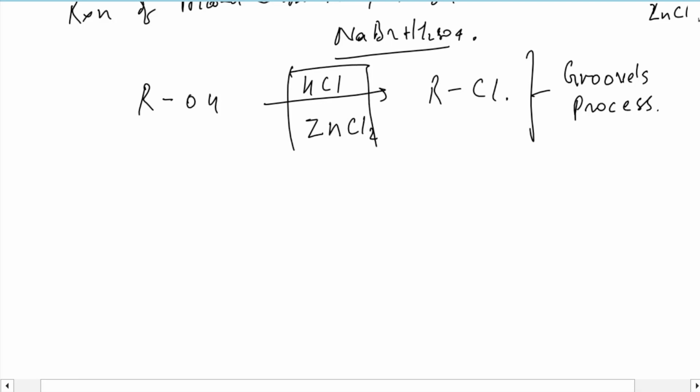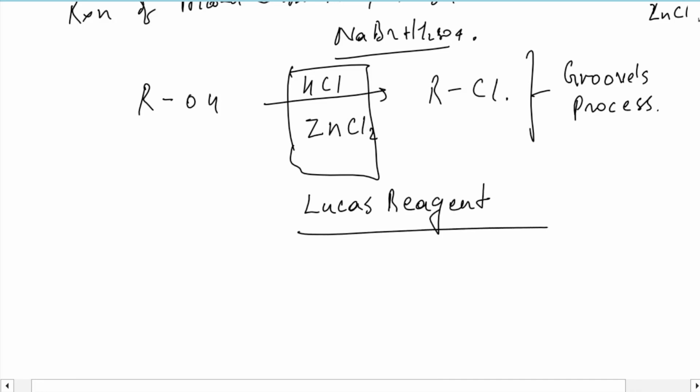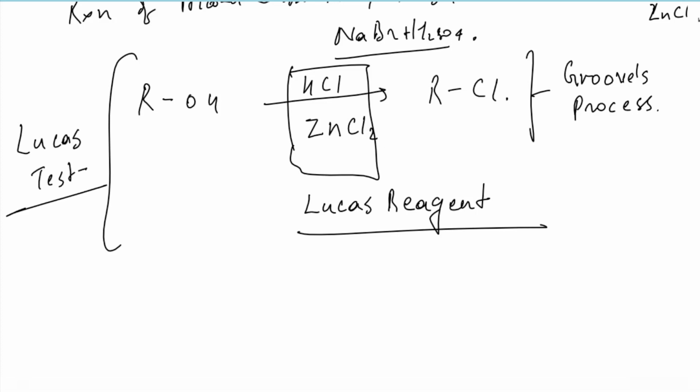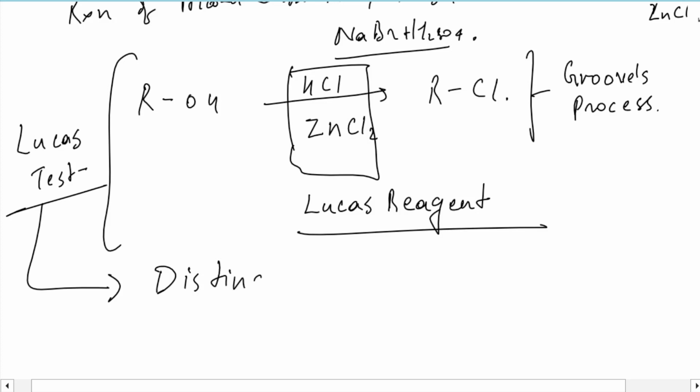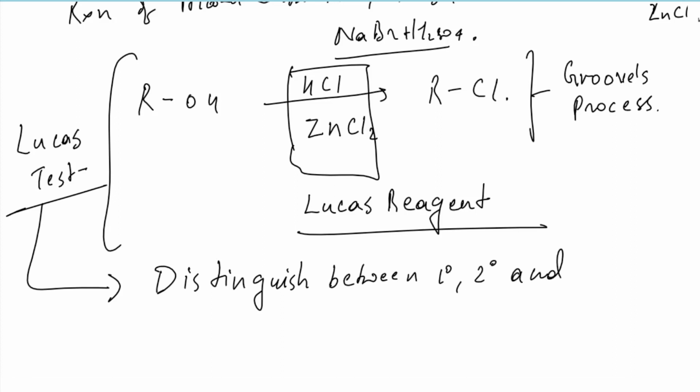And the reagent is known as Lucas reagent. And this test is known as Lucas test. What happens in this test is, this is a test for distinguishing between primary, secondary, and tertiary alcohols.